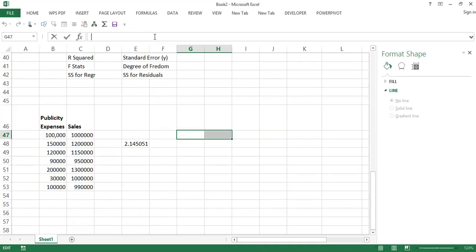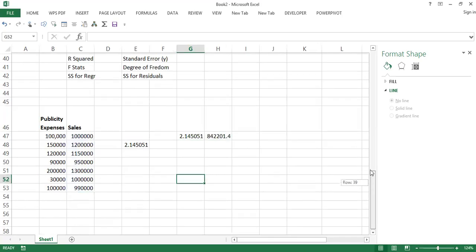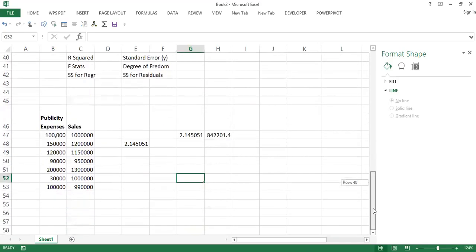If I say equals linest, I just do y, comma, x. What is it going to give me here? It's going to give me just the slope and the intercept.